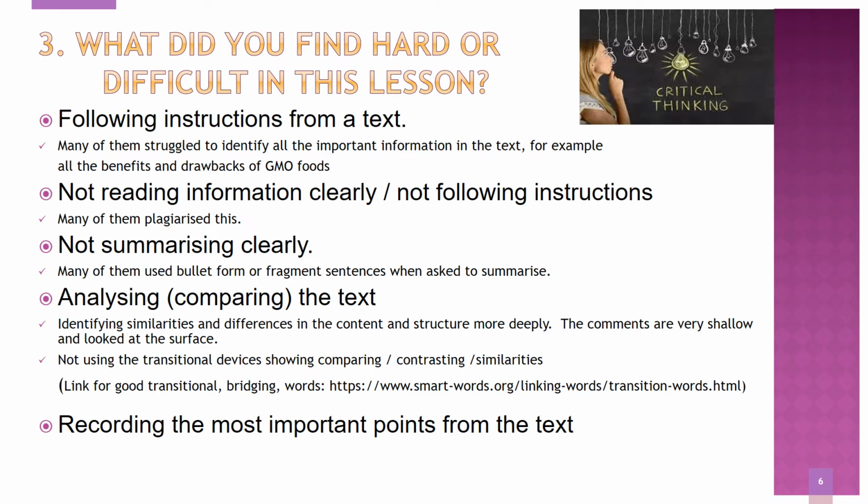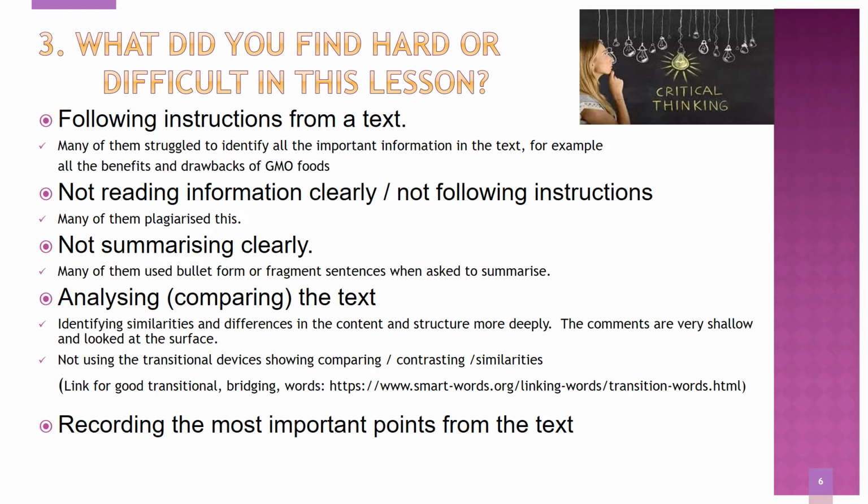So the first thing that was identified was following instruction from a text. So many students struggled to identify the important information in the text. For example, where you were expected to write down the benefits and the drawbacks of GMO foods.